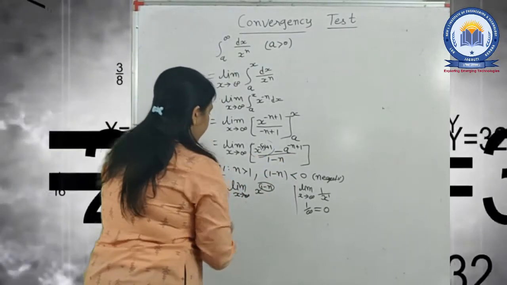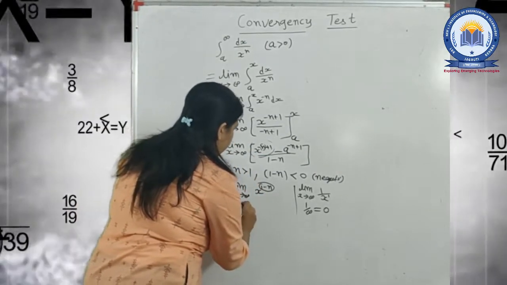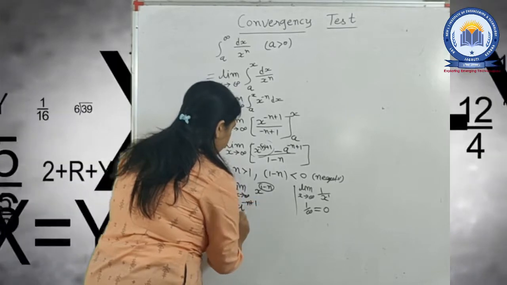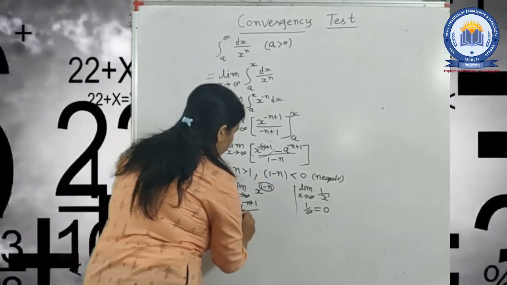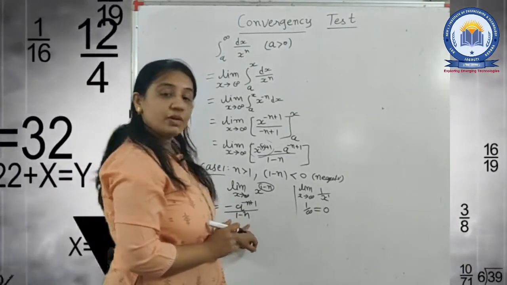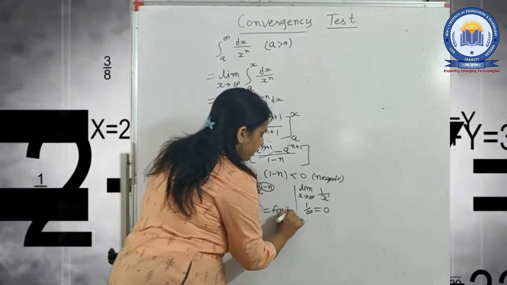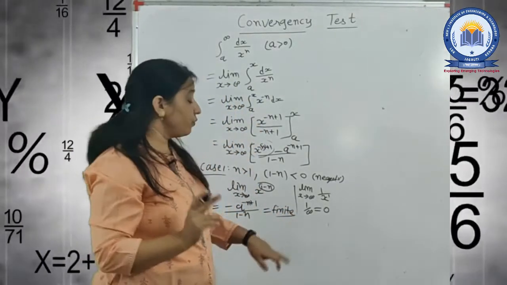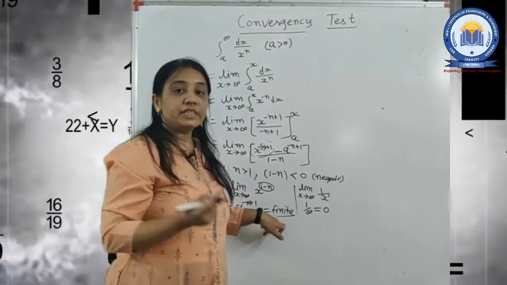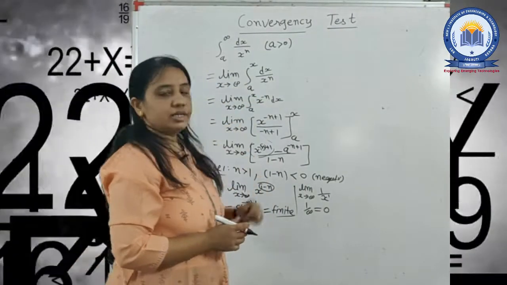We can write that the value of this is minus a raised to n plus 1 upon 1 minus n. This value is a finite value, and if we get a finite value, as per the previous lecture, this is called convergence.